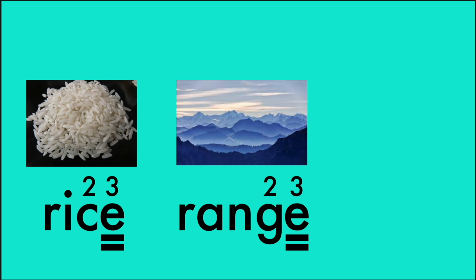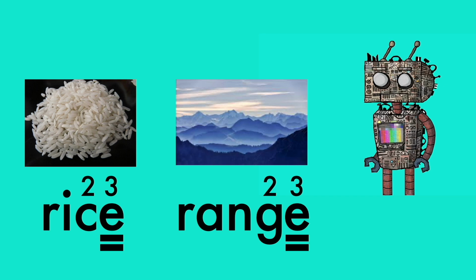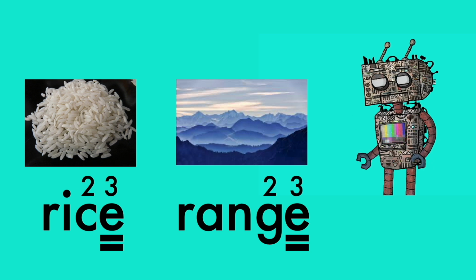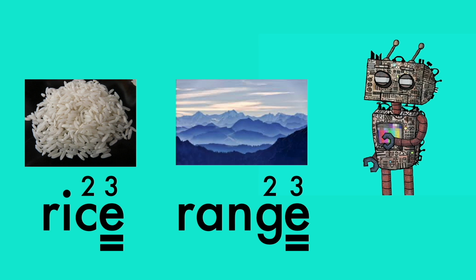Look at these two lovely words. We have rice and we have range, like a mountain range. How beautiful. Oh no, not the spellbinder, not again. Ha ha ha ha! I see some new letters! Oh my goodness, I can't wait. Look at that one! That's an E with a 3 on top of it.